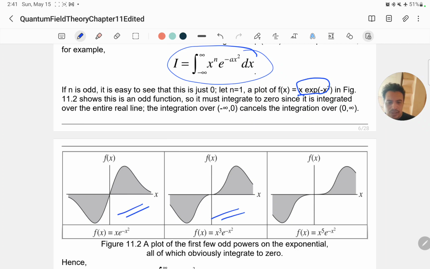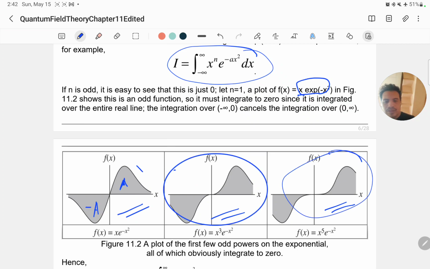So for n equals 1, it is this one. And for n equals 5, it is this one. As you can see, you have a positive area here, which is equal to the negative area here. So when you add them up, it's equal to 0. The whole thing is equal to 0.